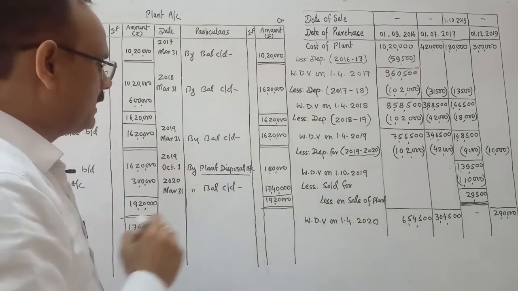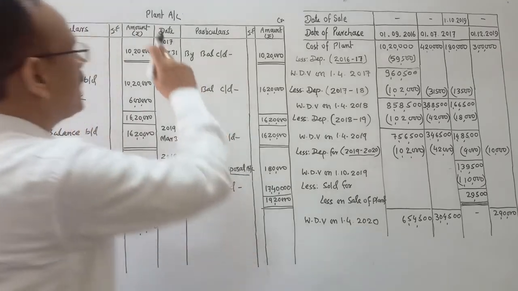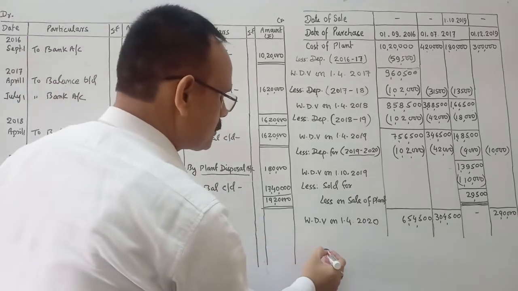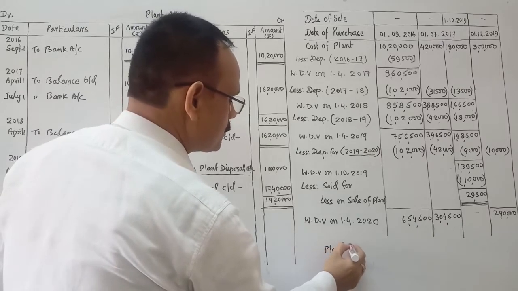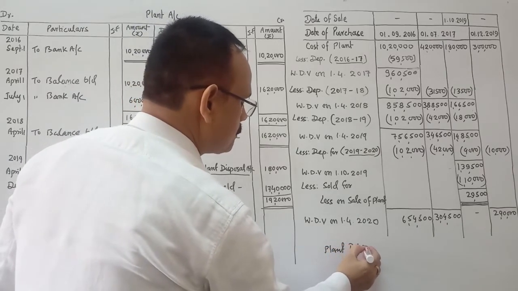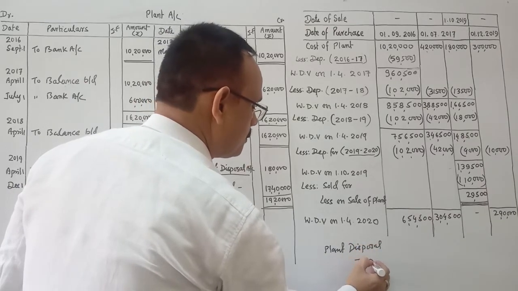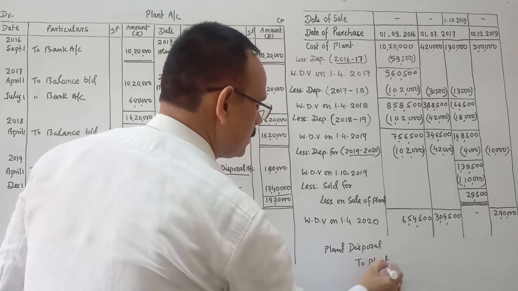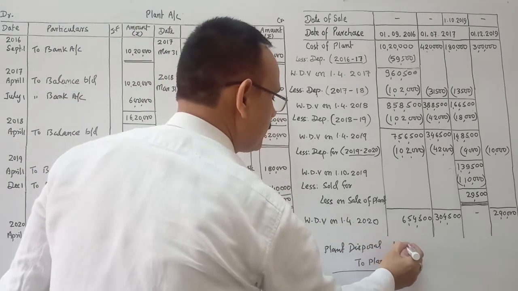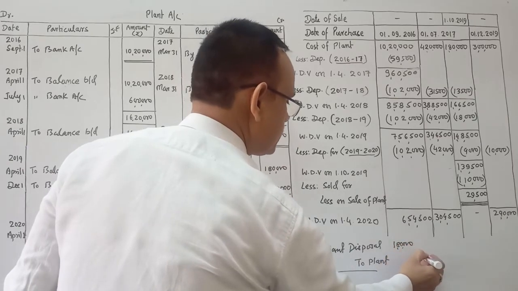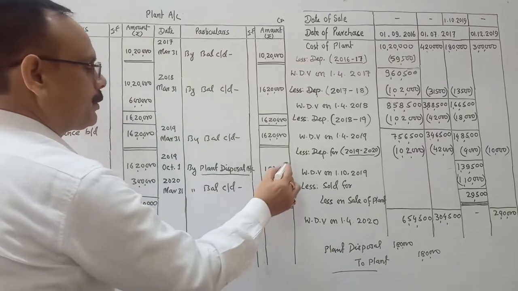The entry for that will be plant disposal account debit to plant account. Is it clear? The journal entry is plant disposal account debit to plant account.